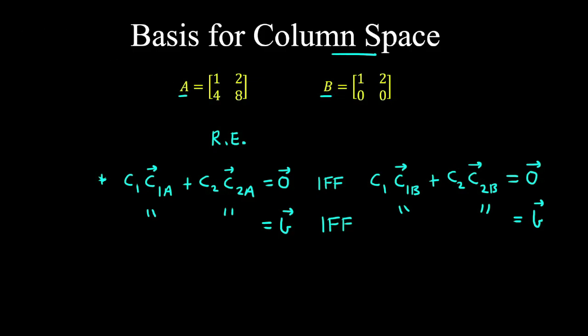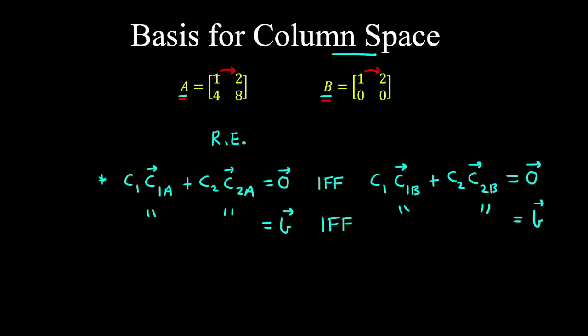So what this basically tells us is that the elementary row operations do not affect the relationships between the column vectors in both matrices.